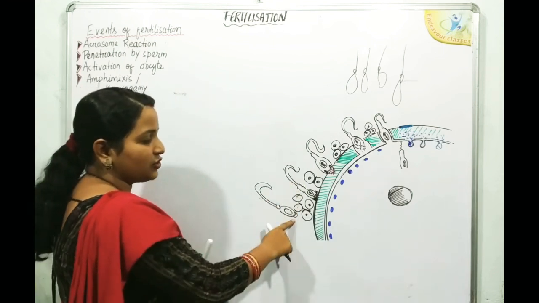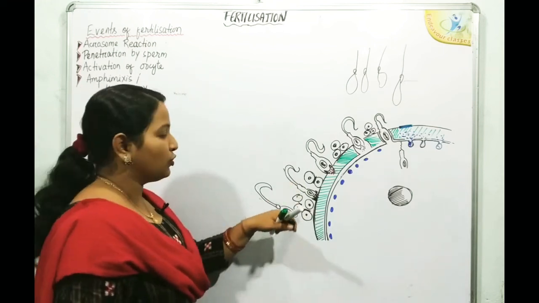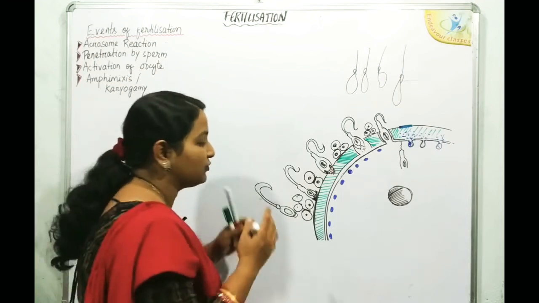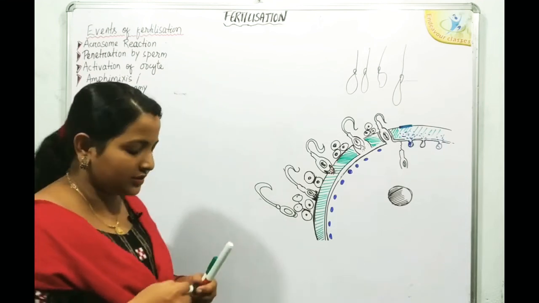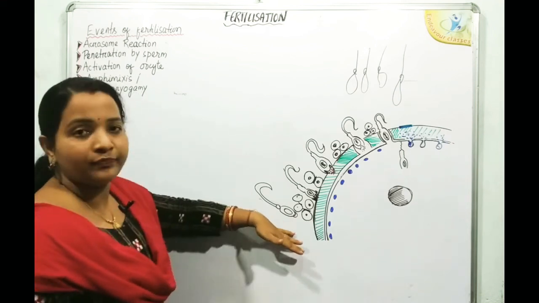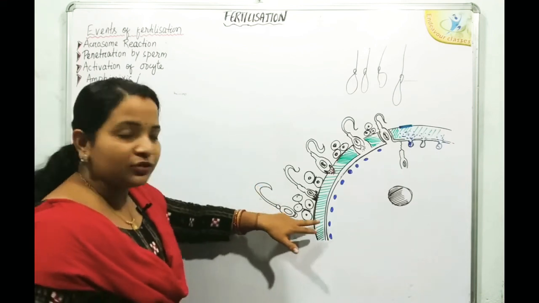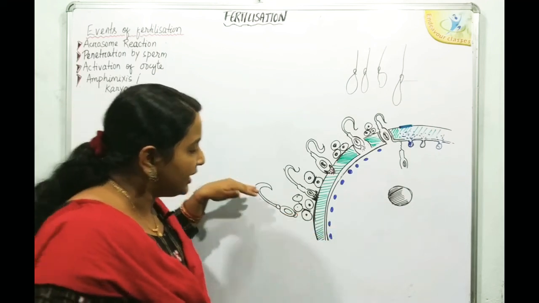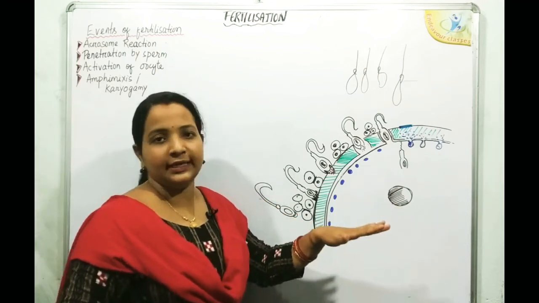It first reached or touched the corona radiata cell layer. Then what will happen? It will try to penetrate. That is called penetration by the sperm. So penetration is a continuous process till it enters the egg completely.